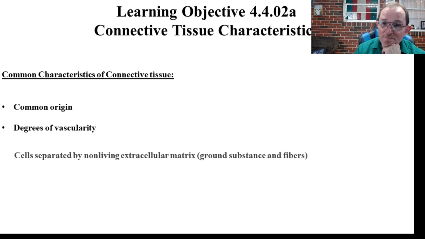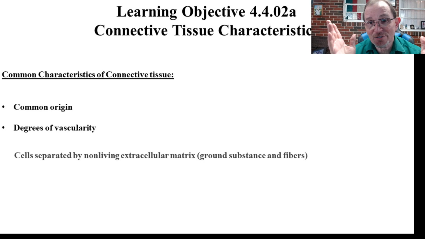These guys all come from the same embryological tissue. They come from mesenchyme. Not unlike the epithelial. I told you that epithelial tissue had very poor blood supply. They were totally avascular. These guys, the blood supply varies. Some have really good blood supplies and some have very poor blood supplies.